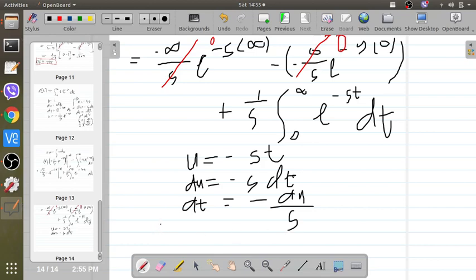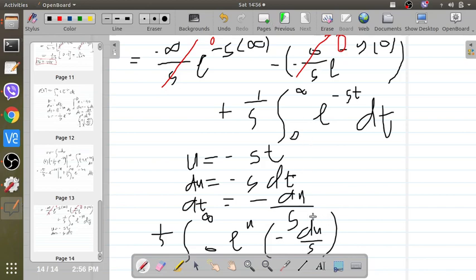So 1 over s integral from 0 to infinity of e raised to the power of u. Substitute the value of dt, which is negative du over s.